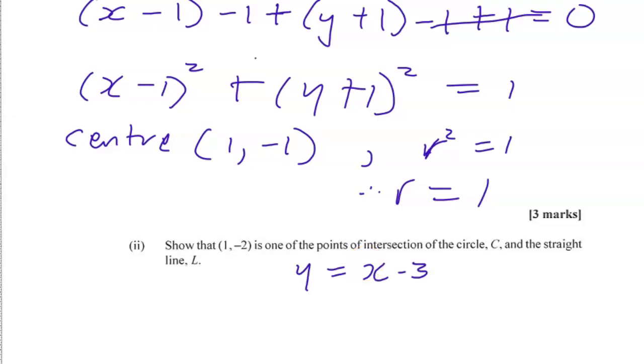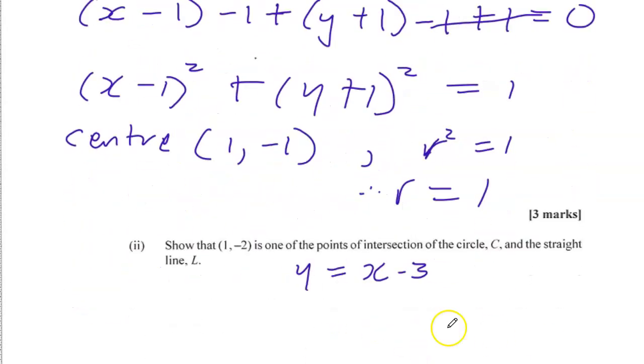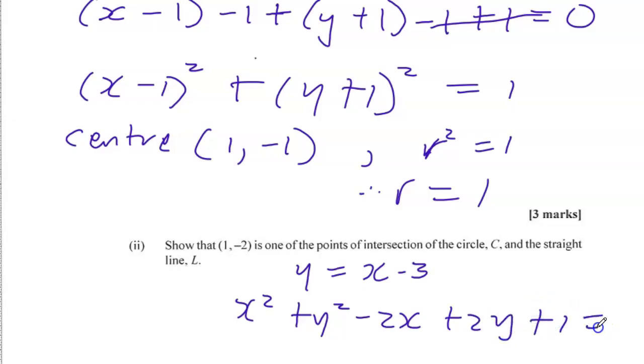And the circle was originally x squared plus y squared minus 2x plus 2y plus 1 equal to 0. So that was the equation of the circle.